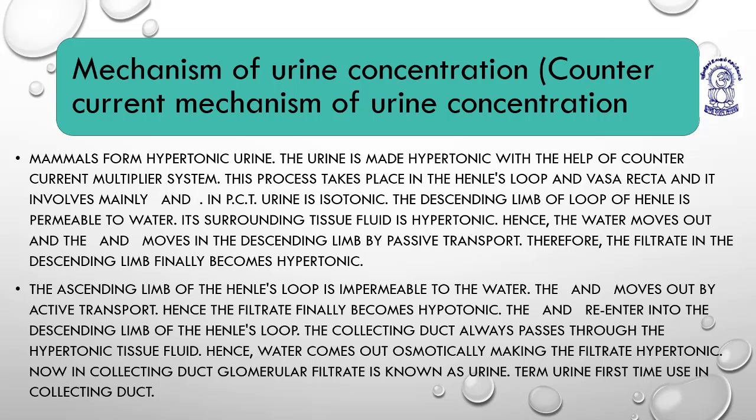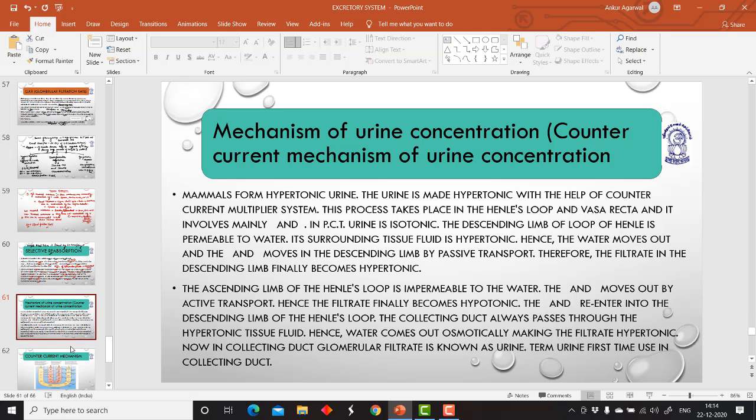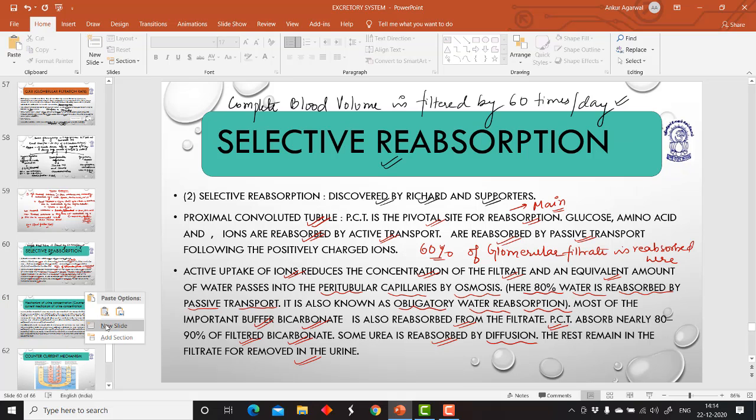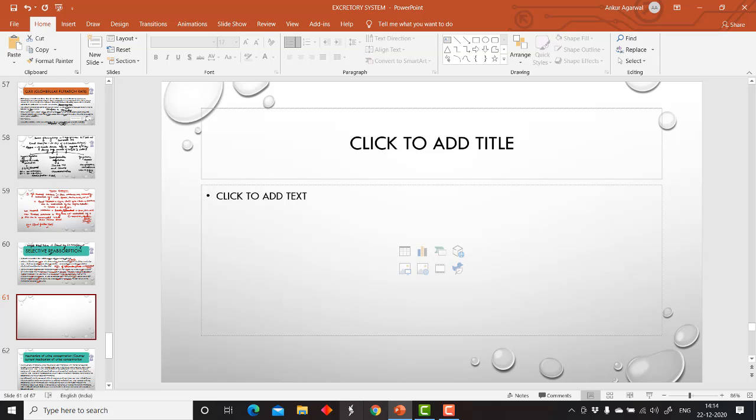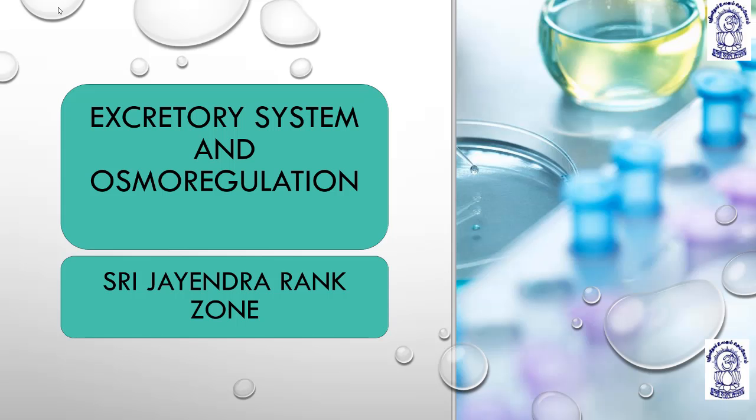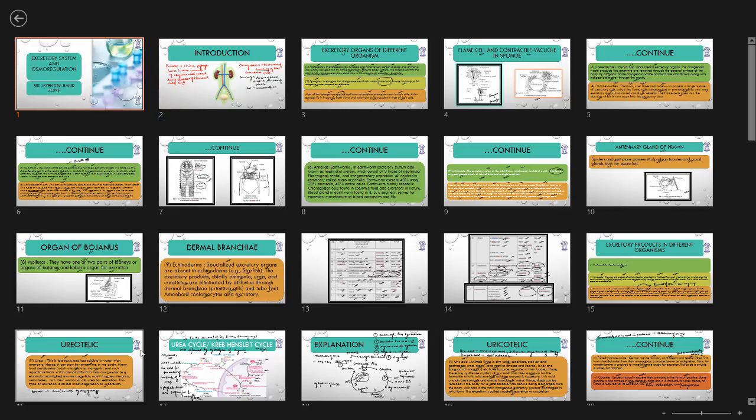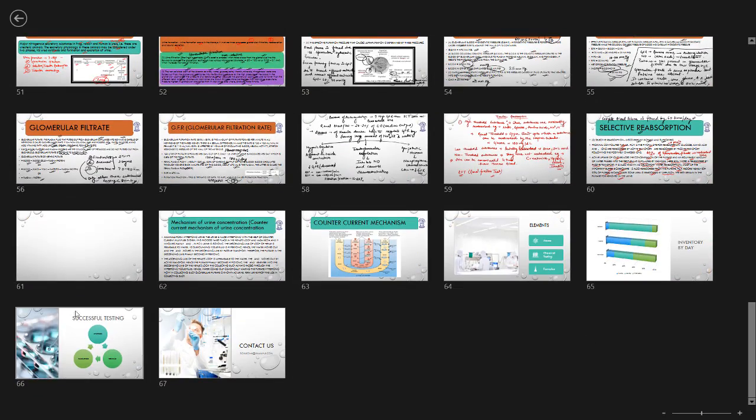Next is the mechanism of urine concentration, the countercurrent mechanism. This is very important. I would like to make one diagram as well, so add one slide before this countercurrent.